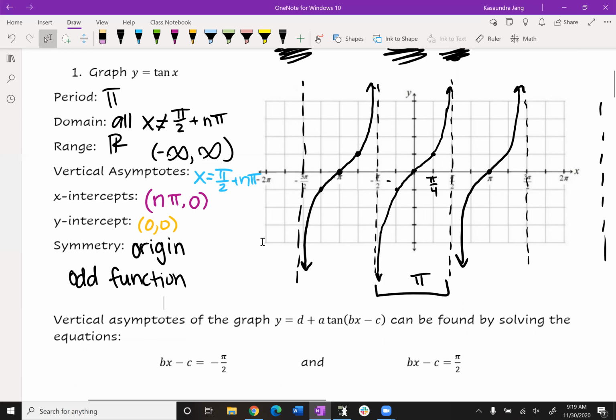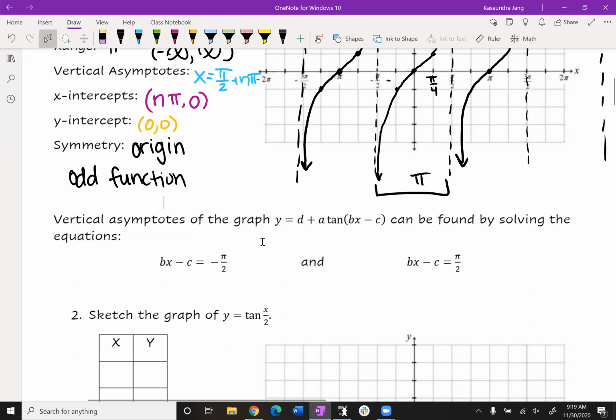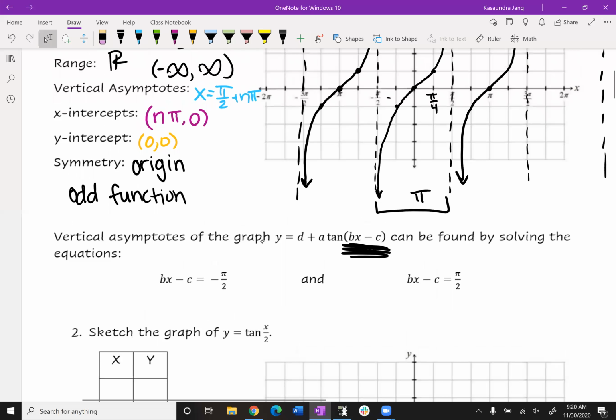All right, so what they're telling us down here is the vertical asymptotes of the graph can be found by solving the equations where, see the stuff in parentheses here, bx minus c? Whatever's in your parentheses for tangent gets set equal to negative pi halves, because I had an asymptote at negative pi halves on the parent function, right?